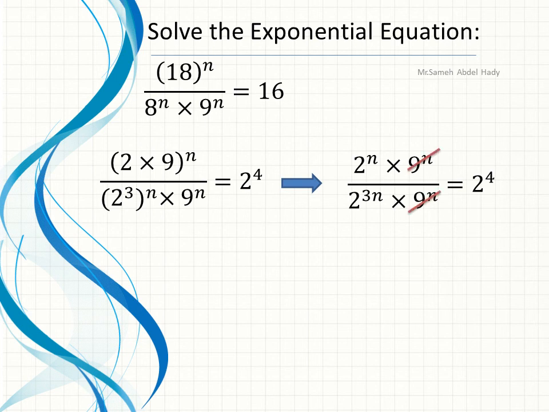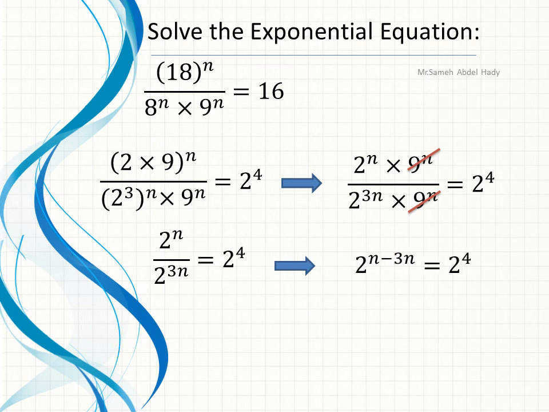Alright, we will cancel 9 power n and write 2 power n over 2 power 3n equals 2 power 4. Here we can write 2 power n minus 3n equals 2 power 4, because I make division between 2 power n over 2 power 3n.